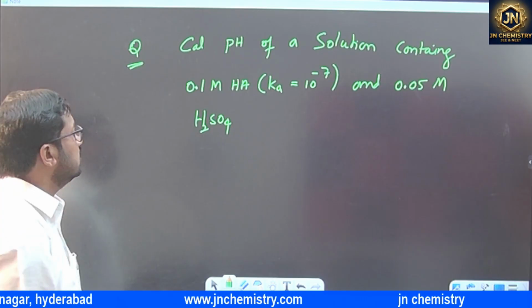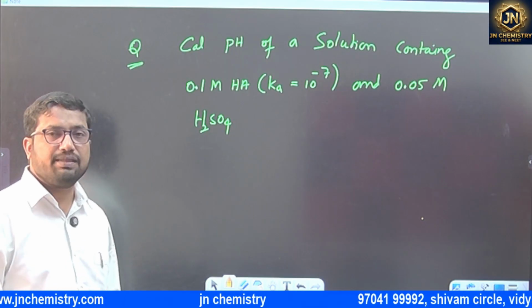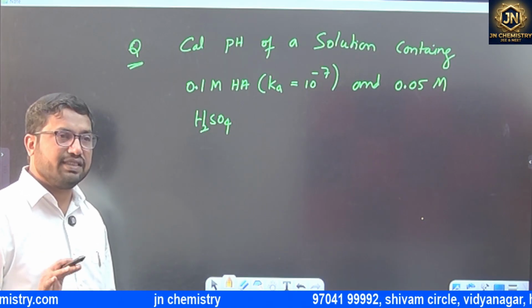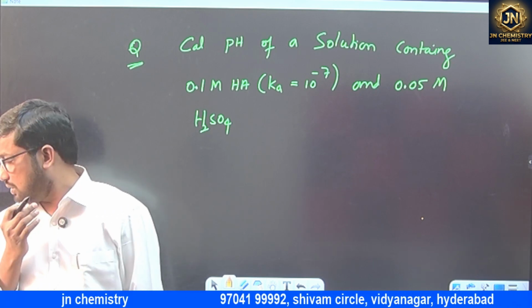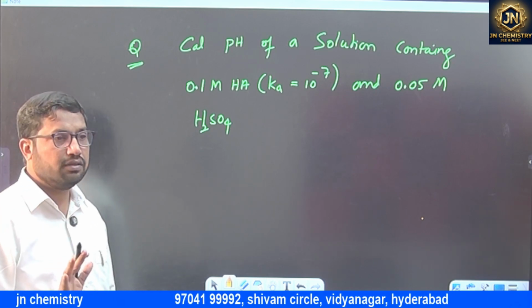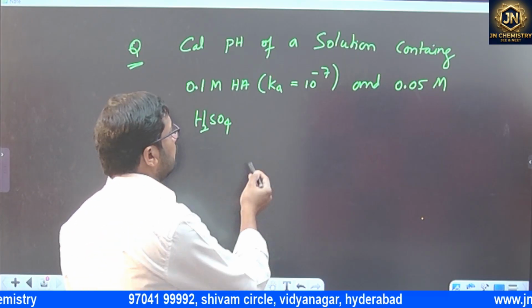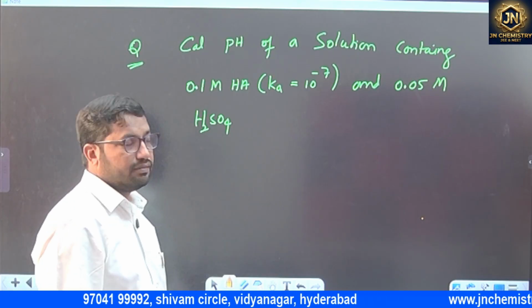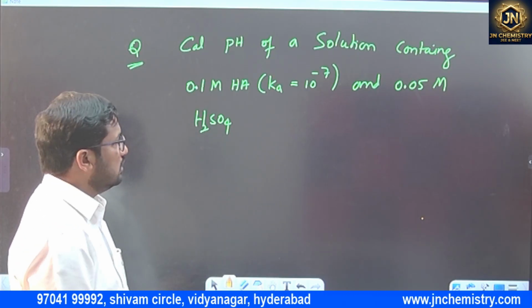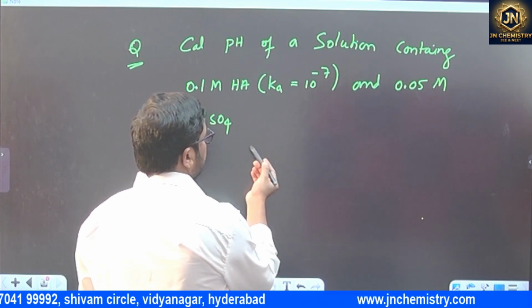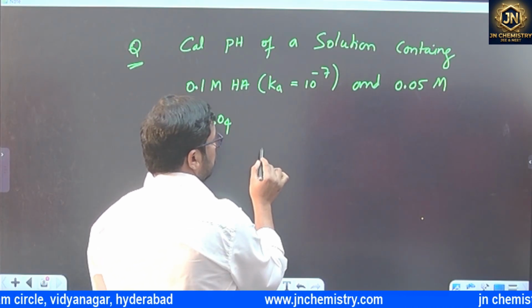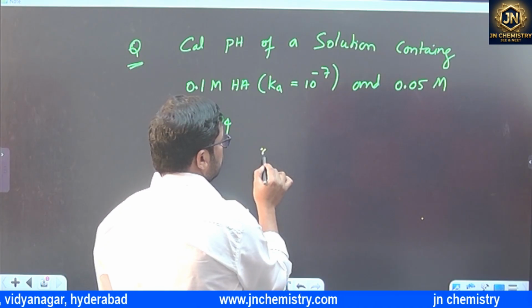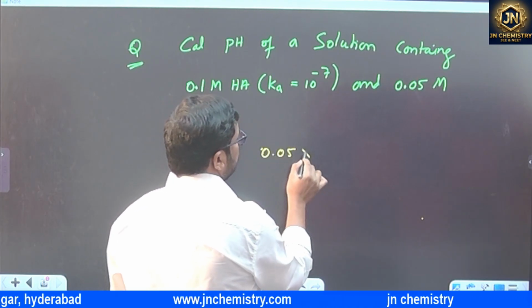Come on, do it. When strong acid and weak acid are given, what did I say? Simply we need to take the strong acid. Leave the weak acid. Why? Because of common ion effect. Common ion effect is there. So here molarity is given. So simply take 0.05 into 2.